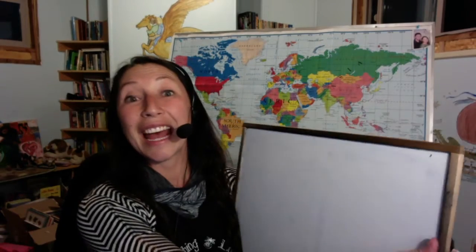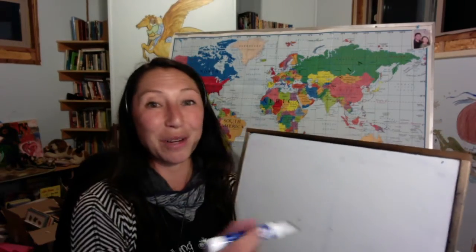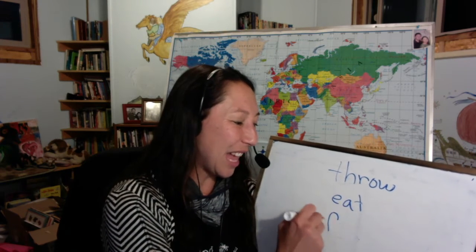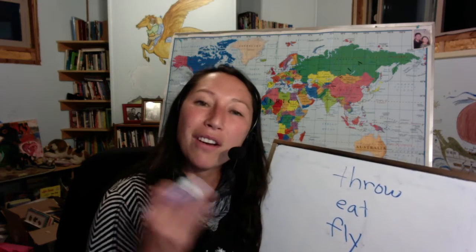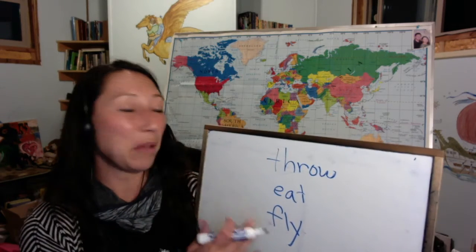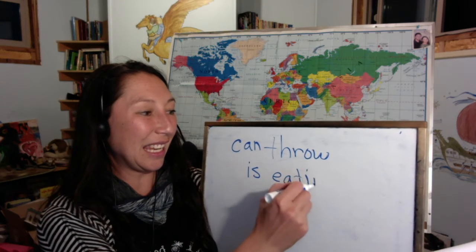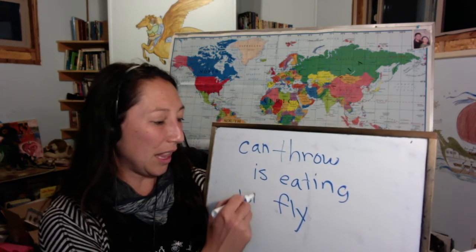My one bit of caution, because I've seen this mistake across the board, is that you're good at identifying action verbs. You could really see words like throw and eat and fly, but you have a harder time seeing the helping verbs. Can throw, is eating, will fly.